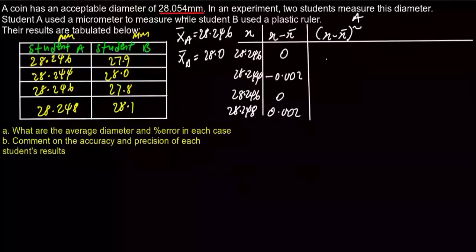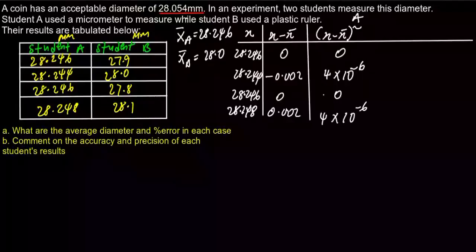So if I square this, it gives 0, then 4 times 10 raised to power minus 6, then 0, then 4 times 10 raised to power minus 6. They give the same answer. So for student A, summation of x minus x bar squared gives me 8 times 10 raised to power minus 6.